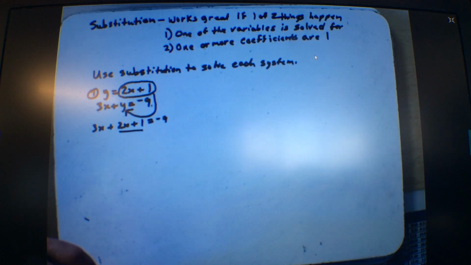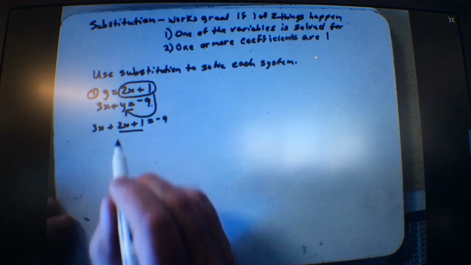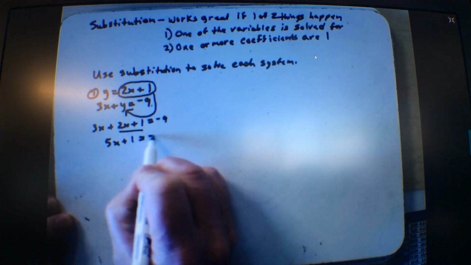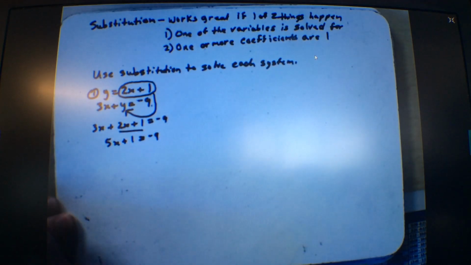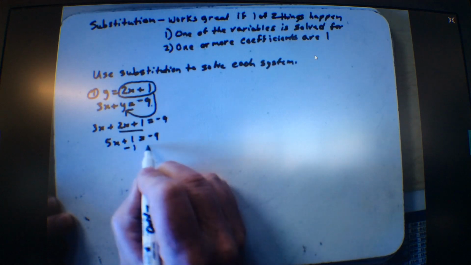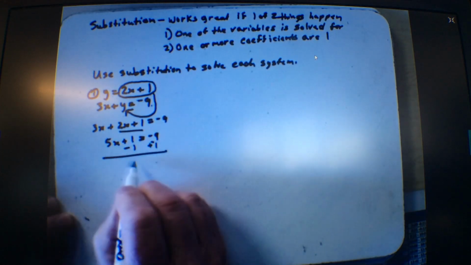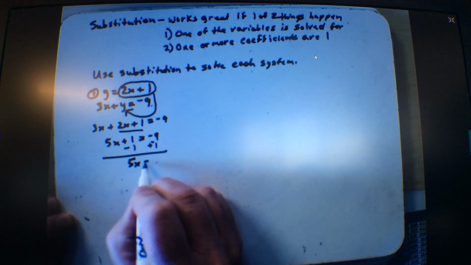Taylor, do you see we only have one variable? All right. So what we get is 5x plus 1 equals negative 9. Did you notice I added the like terms? And now I just solve for x. So I'm going to subtract 1 from both sides, correct? Which is the same as plus a negative, right? So I have 5x equals negative 10.